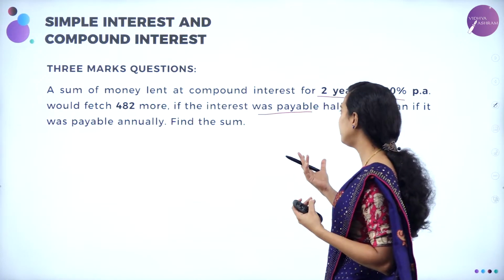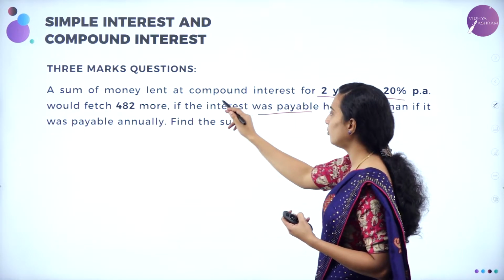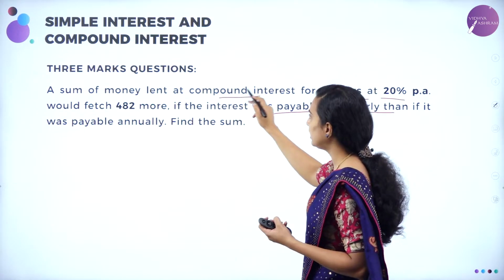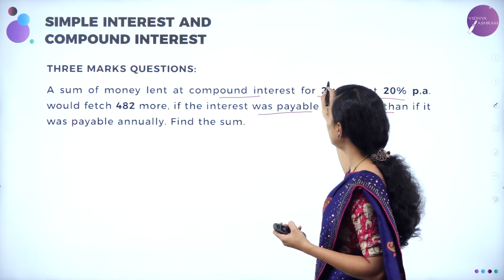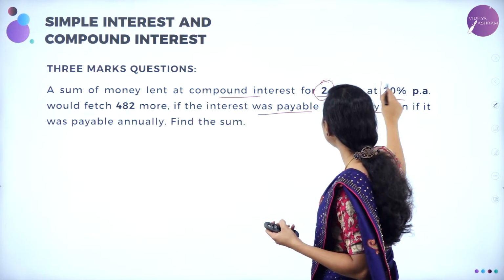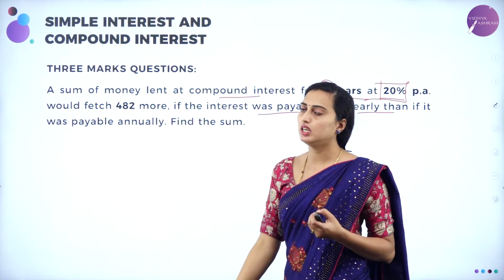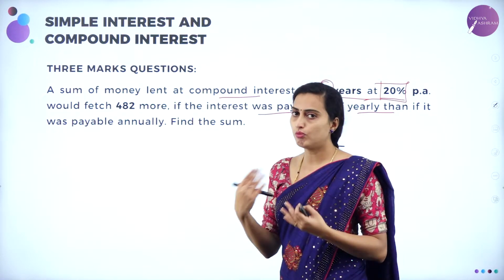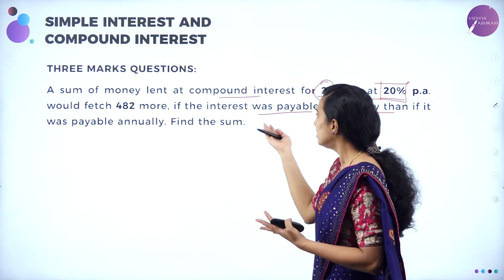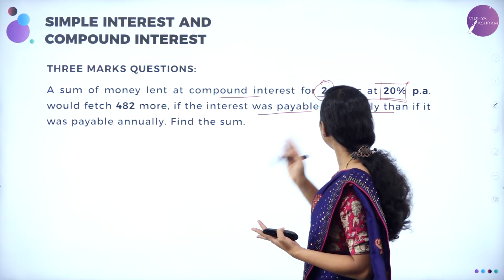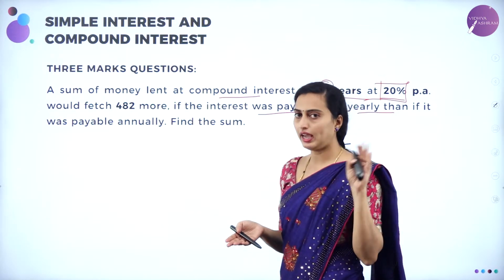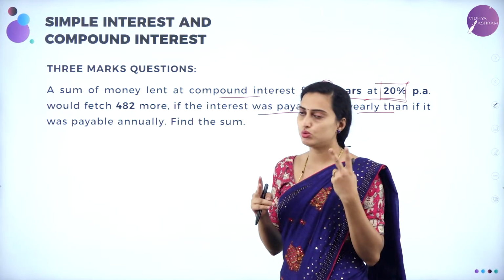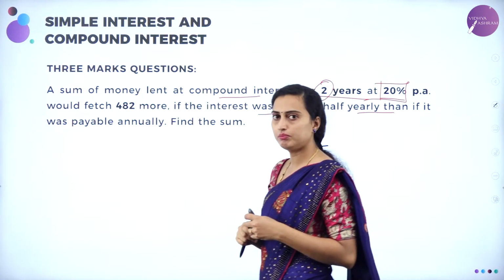They have given a sum of money compounded for 2 years at 20% per annum, which would fetch 482 more if the interest was payable half yearly, which means 2 times. Find the sum, they have asked.